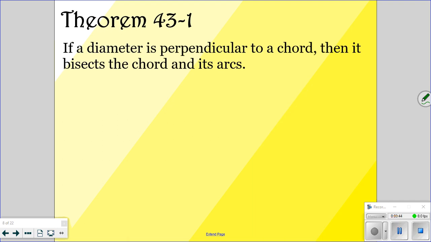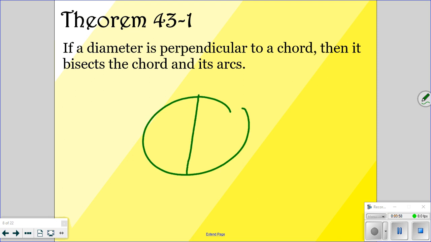Now we're going to look at theorem 43.1. If your diameter is perpendicular to a chord, then it has to bisect the chord and its arcs. So if we have a circle and you have a diameter here and it's perpendicular to the chord, that means that this segment is congruent to this segment, and this arc and this arc are equal.